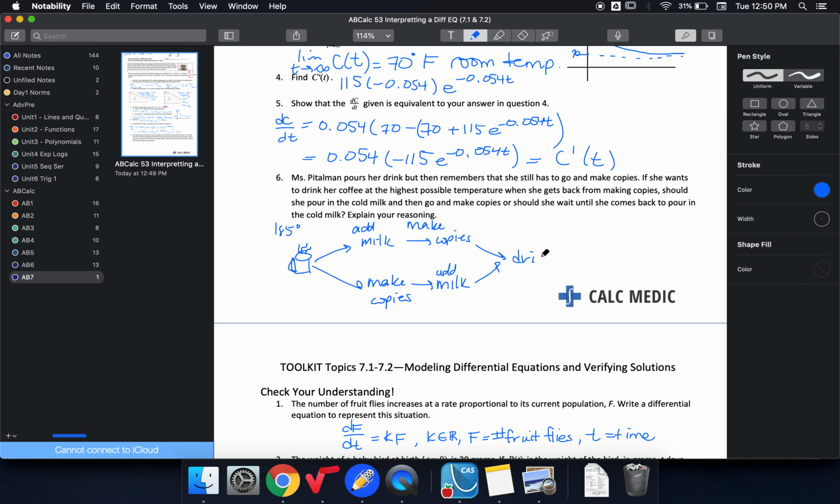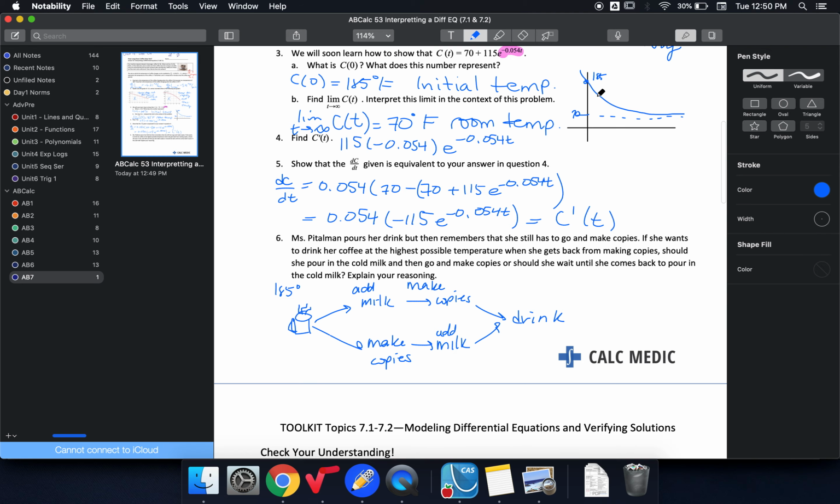So if I think about this graph that we sketched, our temperature decreases rapidly at the beginning and then more slowly. So let's say that we make copies for K minutes. In this second scenario, that means that I would spend this time making copies. So let's say that that's K minutes.